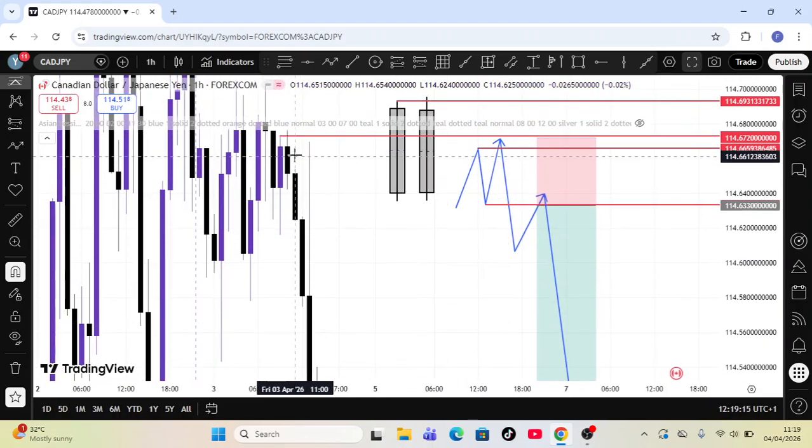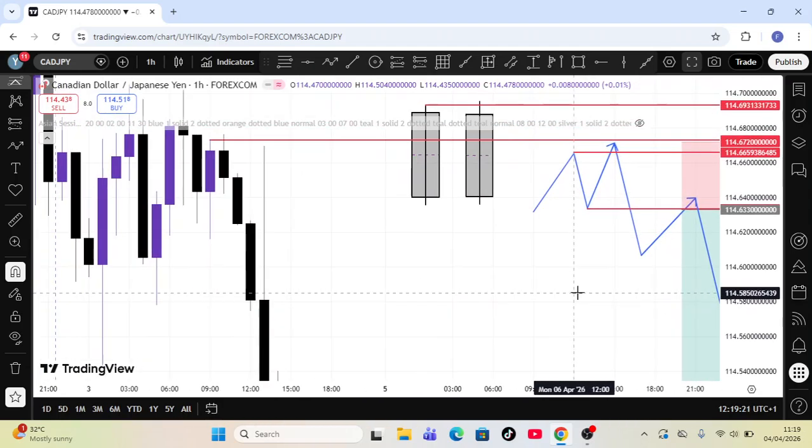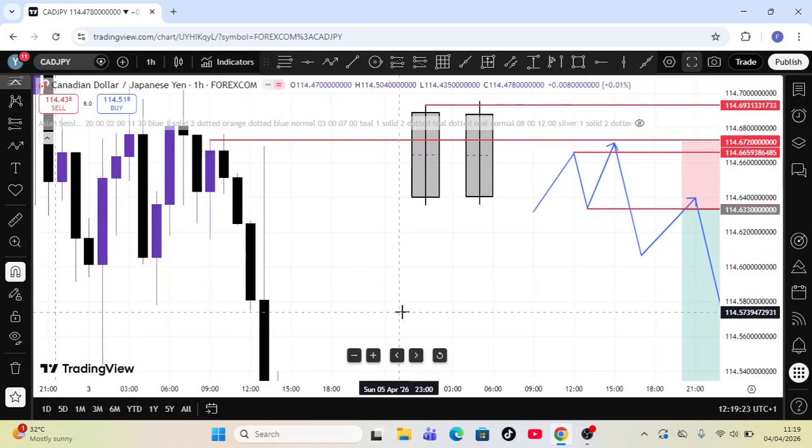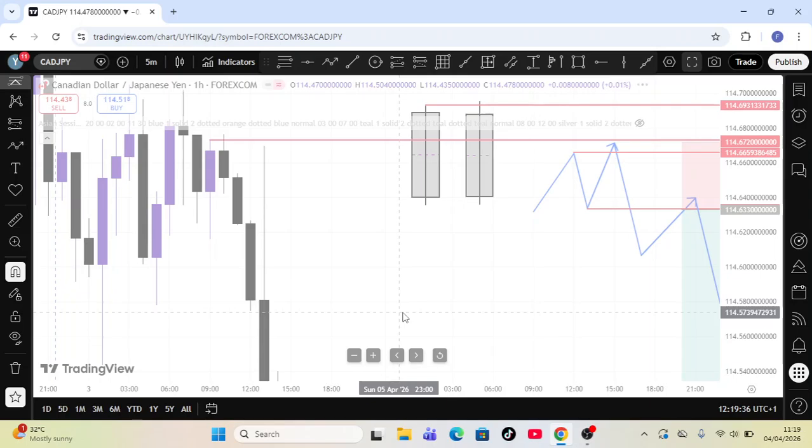So, after we get our sweep over here, after getting the sweep, what did we do? We scale to our what? Now we already have it in mind that this is what we are looking for on the 5 minutes time frame. So let's go to the 5 minutes time frame. Let's see what we will get.